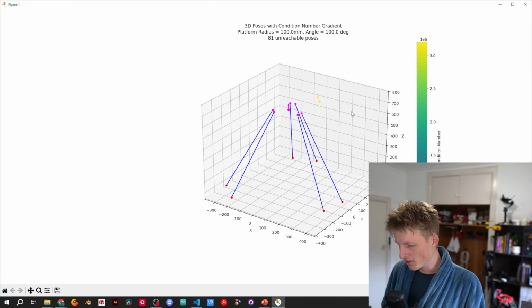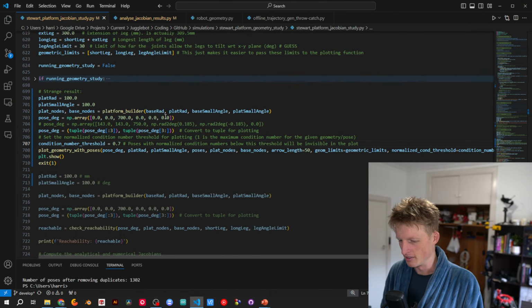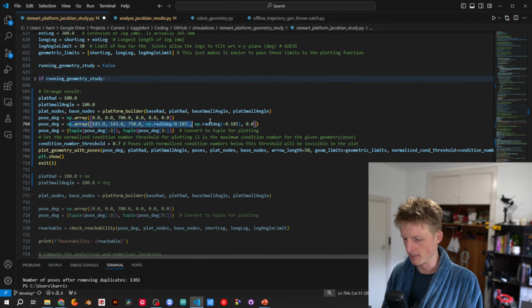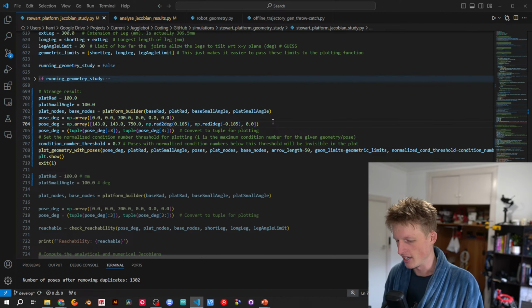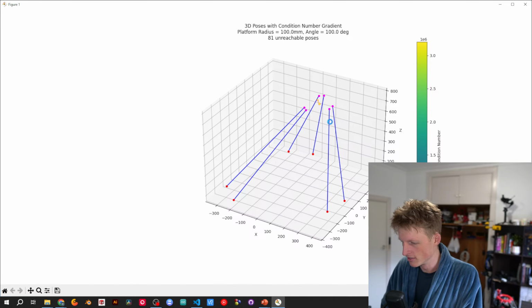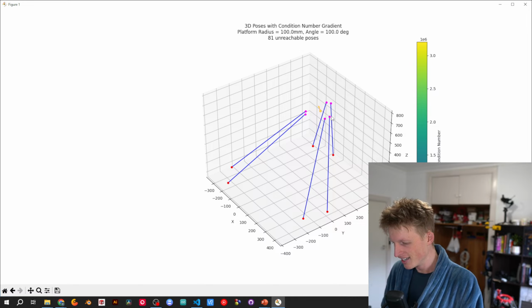And it's like, what is happening at that pose that makes the platform unstable? That's not really immediately obvious to me just looking at it like that. So I've found what that pose is, and now we can plot the platform at that pose to get maybe a better idea of what's actually going on there. And this is the platform in that pose.